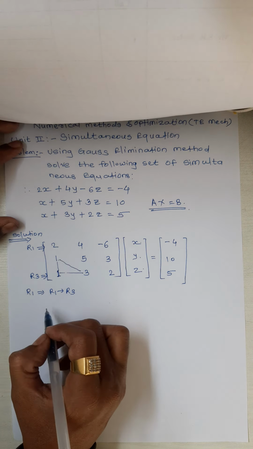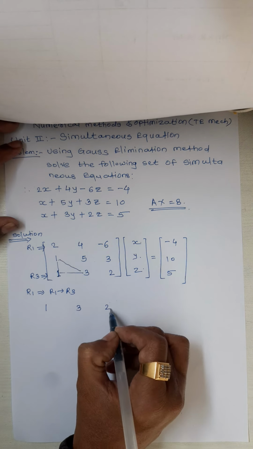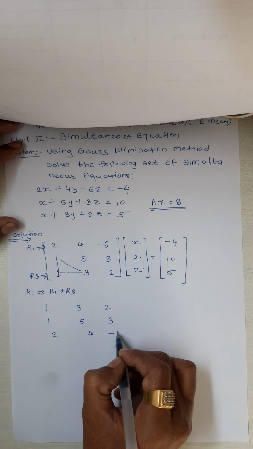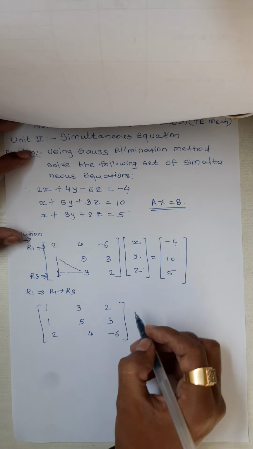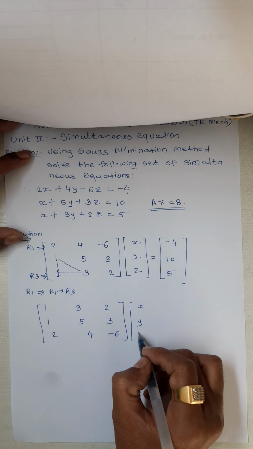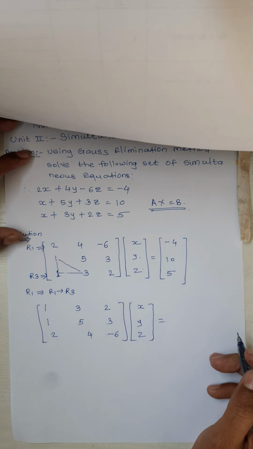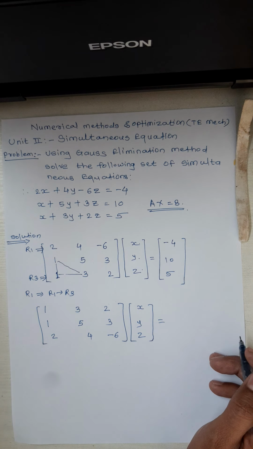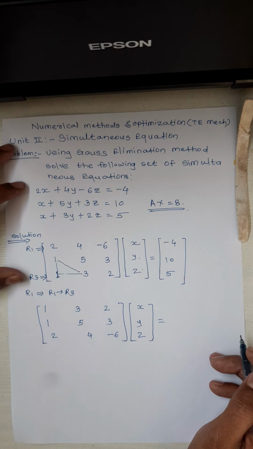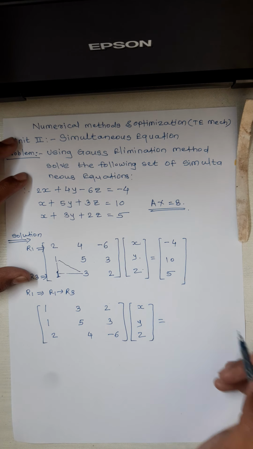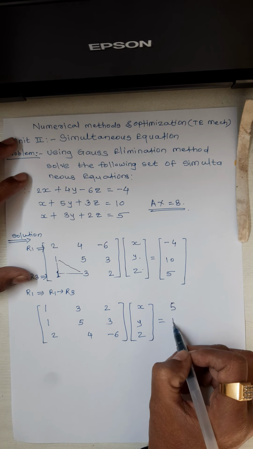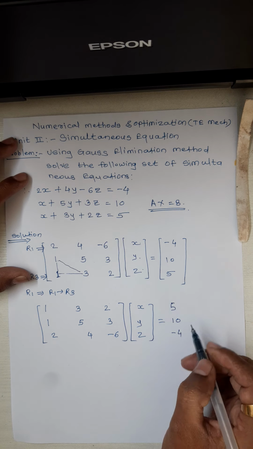By interchanging we get the matrix 1 3 2, 1 5 3, 2 4 minus 6 into x y z is equal to 5, 10 and minus 4.